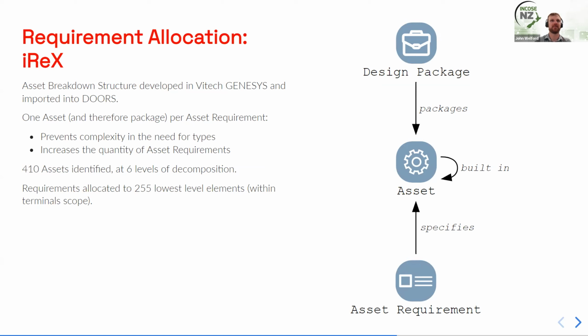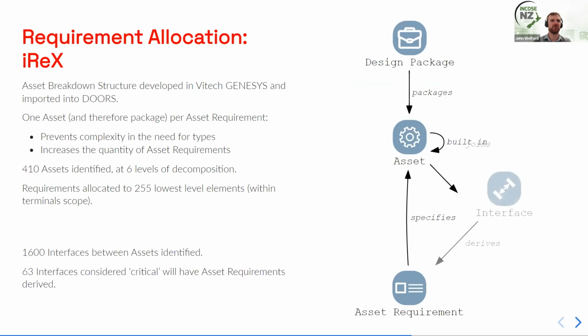But it makes the complexity in our database a lot less. So we don't have to go through the complicated traceability to find all of the requirements for a package. All of our requirements only go with a single package. So it's this trade-off between complexity and quantity.